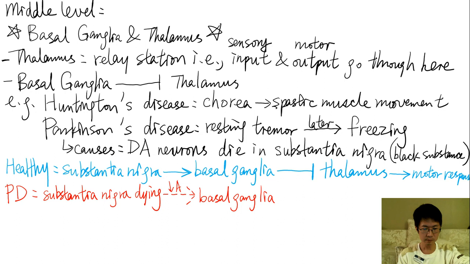When you have less action potential going into the basal ganglia, that means the basal ganglia will not be very active. When the basal ganglia are not very active, what will happen? It will also weaken the inhibition that normally the basal ganglia exert onto the thalamus.